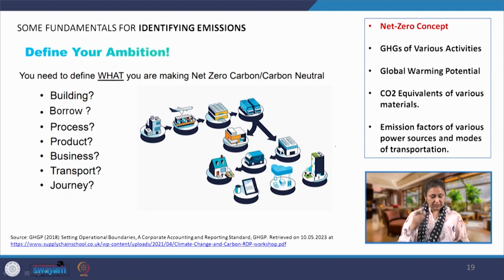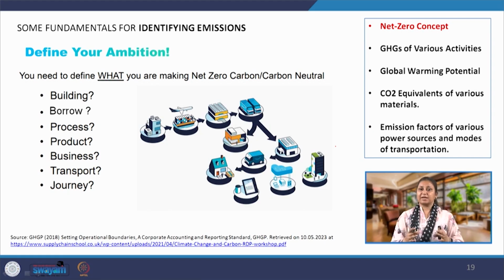We have to define what you are making net zero carbon. So, defining the boundaries. We will see where all the net zero concept can really be applied. Often we cannot apply the net zero concept to the entire organizational boundary or the entire operational boundary. It could be done, but for bigger organizations it is difficult.